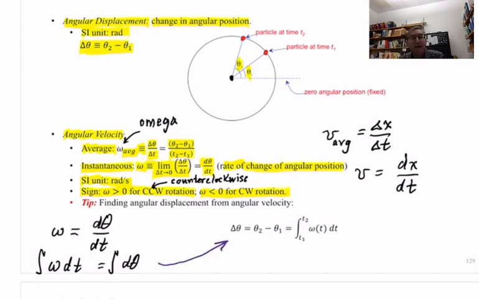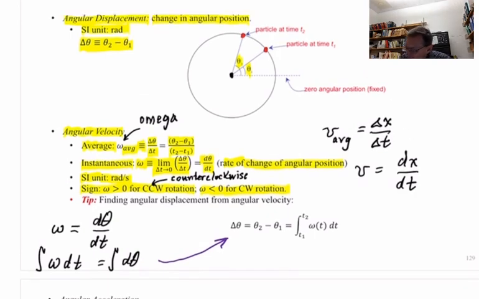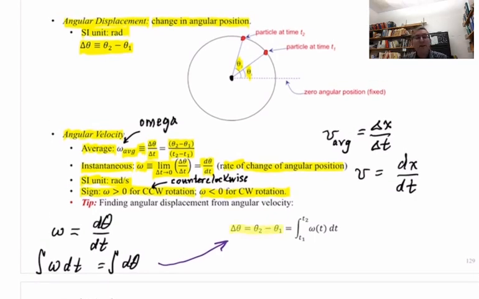The integral of d theta becomes just a finite change in theta, delta theta, theta 2 minus theta 1, change in angular position. The finite angular displacement can be found by doing this integral. Integrate the angular velocity with respect to time. Starting at whatever the time t1 is, that will be based on the problem, and ending at the time t2, based on the problem. So that expression there is the mathematical inverse of omega equals d theta over dt.